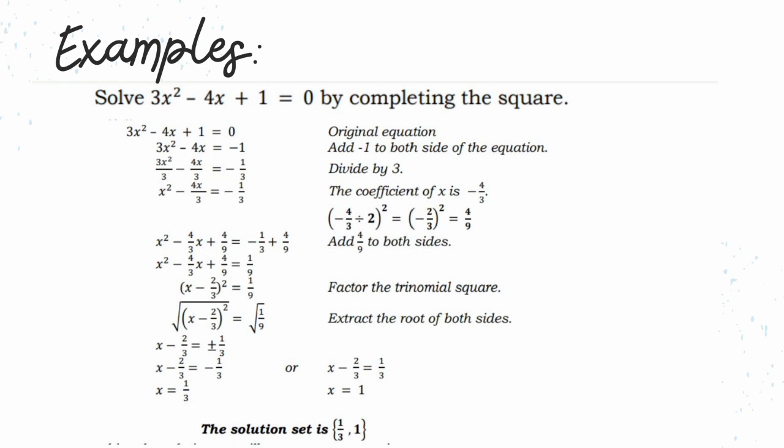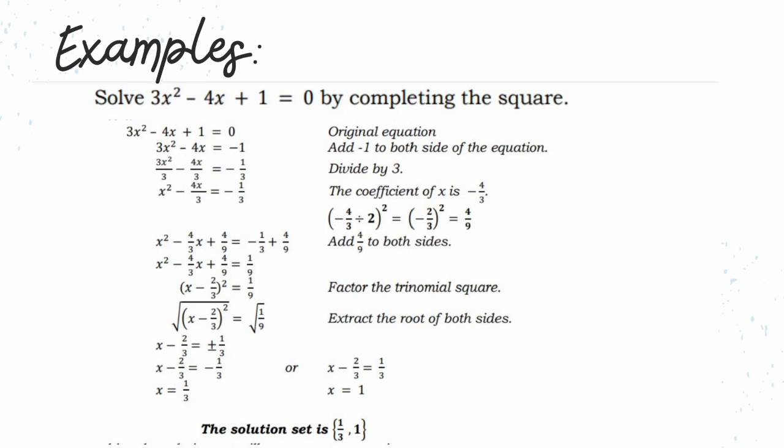For x sub 1, atong gamiton is the positive form, which is positive 1 over 3. So, x minus 2 over 3 equals positive 1 over 3.